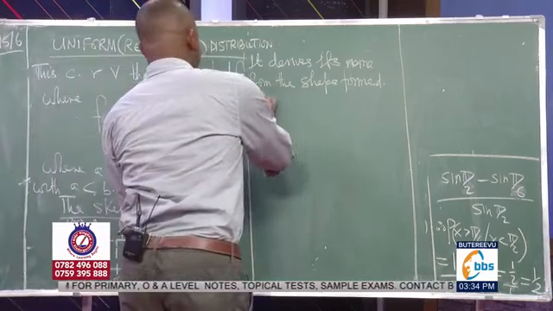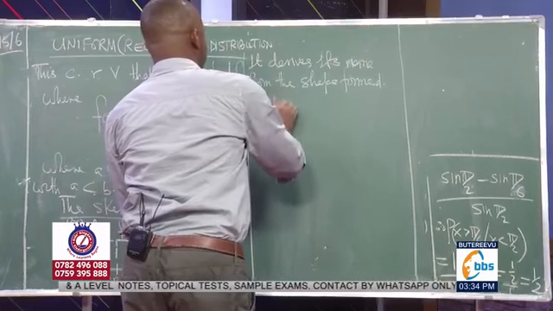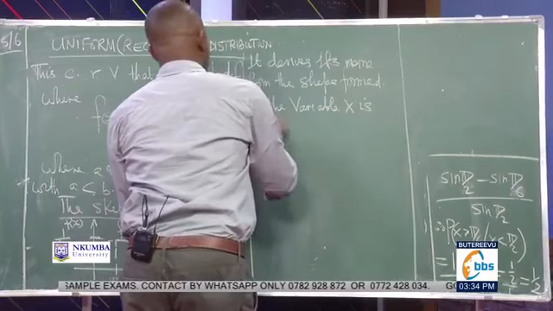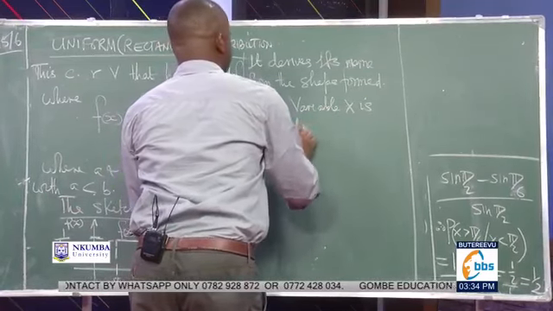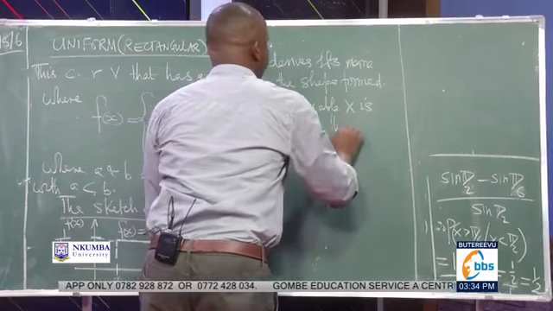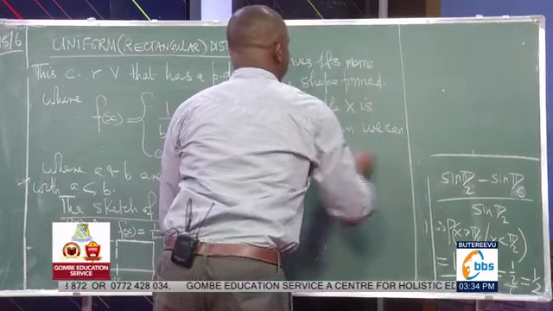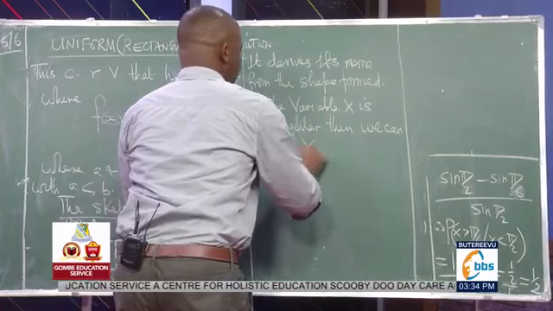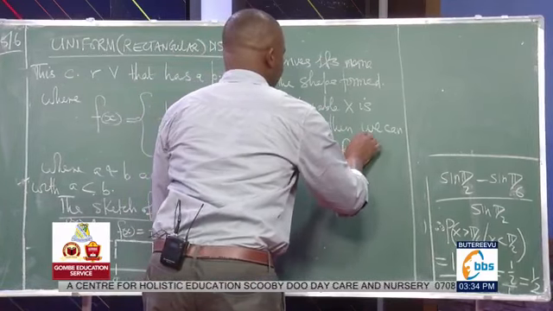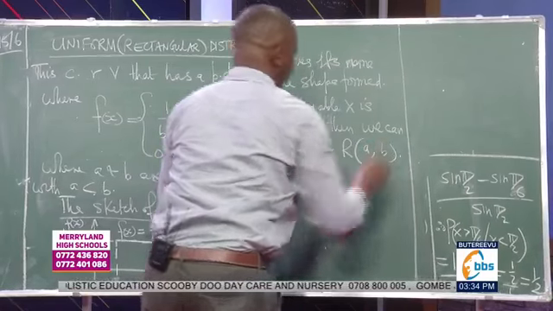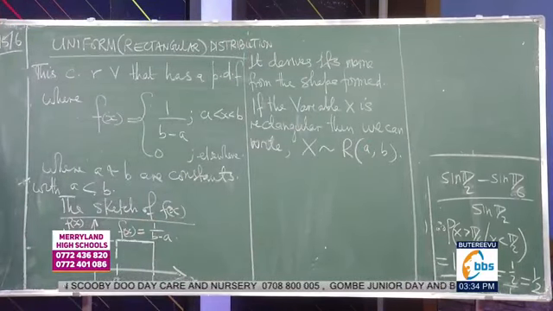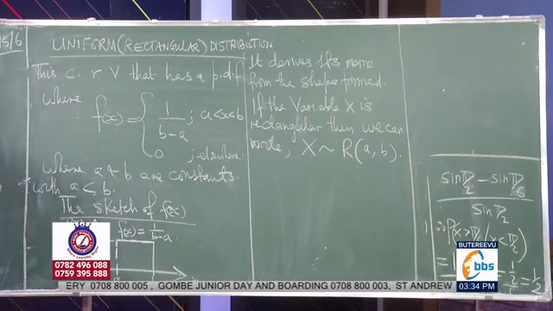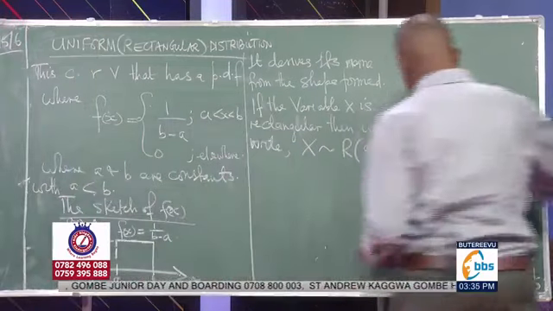We can also say that if the variable x is rectangular, then we can write this function as x is approximately rectangular into a, b. We can say x is a function that is rectangular and is written in that form. Basically, that is the rectangular function.